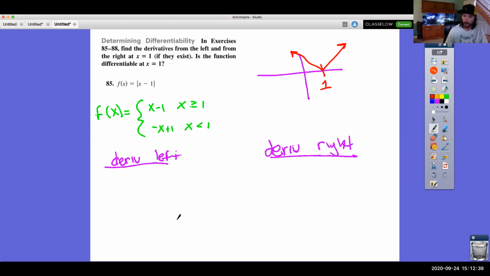I can go through my limit definitions, like maybe on the AP exam you would have to do this, but I'm trying to hit home a concept here. The derivative from the left is the slope of those lines to the left of 1. The slope everywhere on the left of 1 is always going to be -1. The derivative on the right of 1, those slopes are always going to be +1.